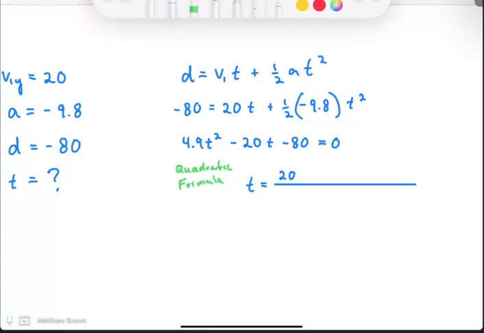So negative b, which in this case is positive 20, plus or minus the square root of b squared, 20 squared would be 400, minus 4 times a times c. And c is negative 80, so that just makes that a positive.